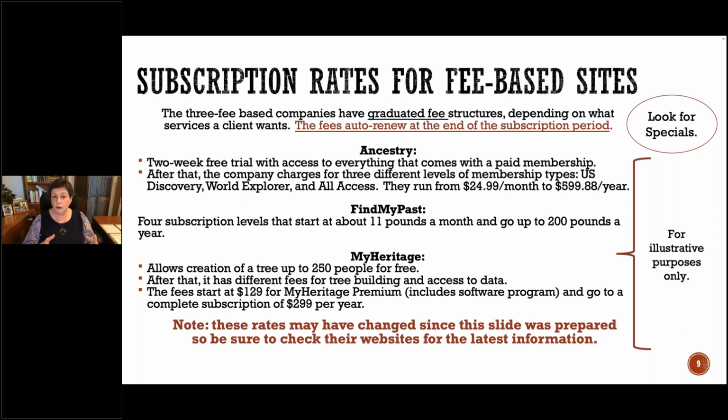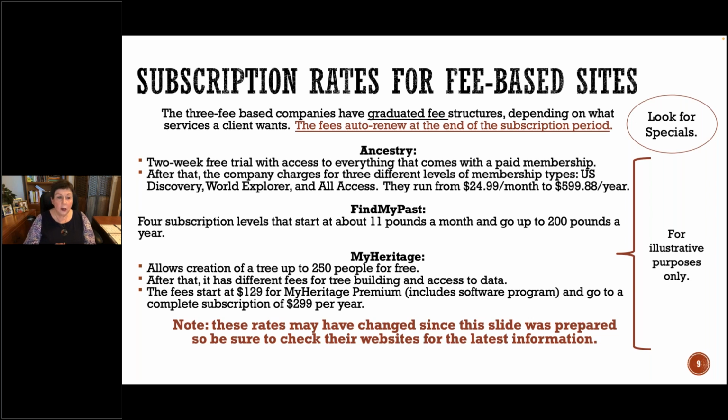Ancestry has a 2-week free trial period, and then it has different levels of membership depending on the scope of your desired research. Their fees run from about $25 a month to $600 a year for an all-access account.